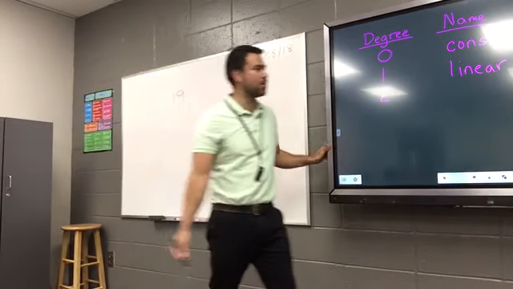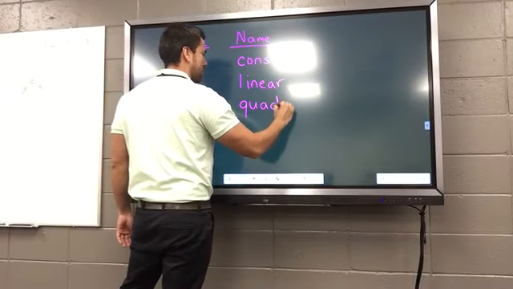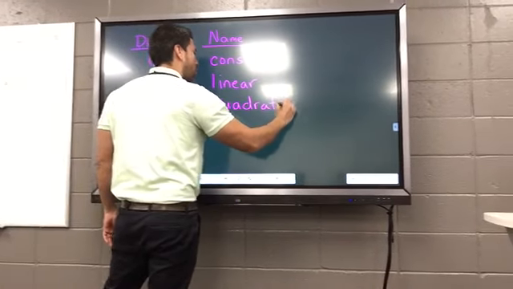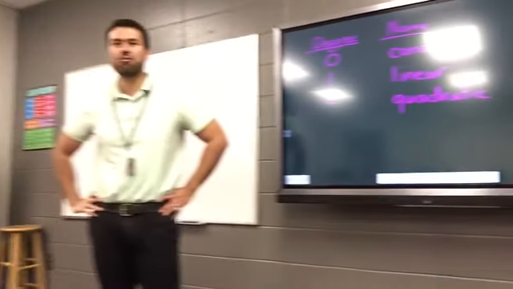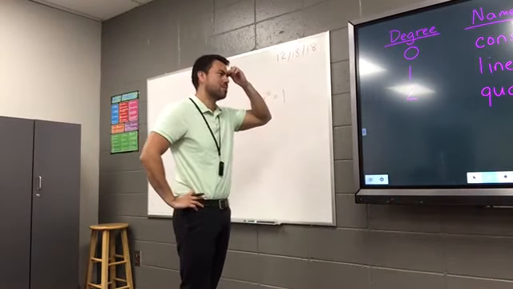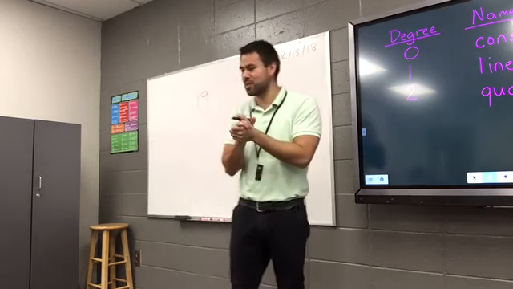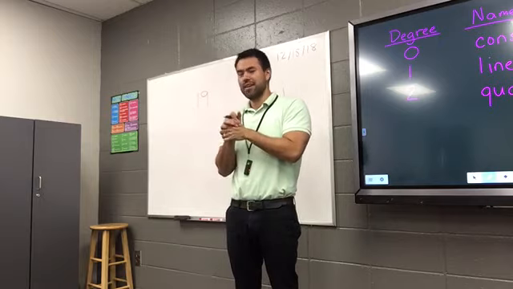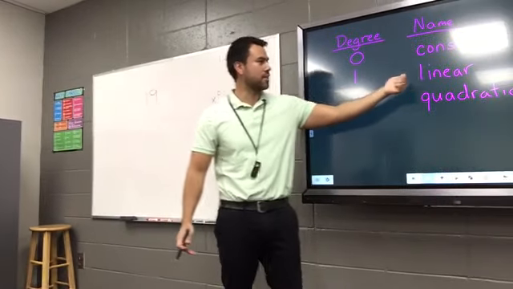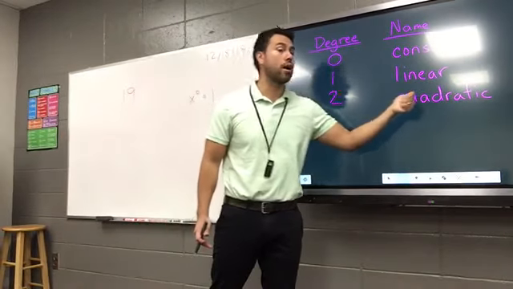If your highest degree is 2, then you have a special name called quadratic. It's weird. Quad. What does that remind you of? 4. Wait, is that a typo? Okay, this is why. When you have a degree of 1, you get a line. But how in the world did we get a degree of 2 giving me quadratic?